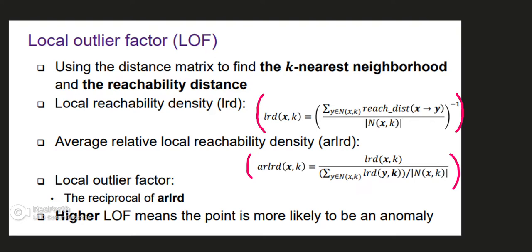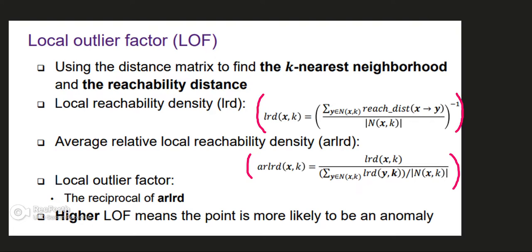Really simple. So we take the local reachability density of the point that we want to calculate the local outlier factor for, and we divide it by the sum of the local reachability densities of its neighborhood, and divide that by the length of its neighborhood, the number of values in that neighborhood.